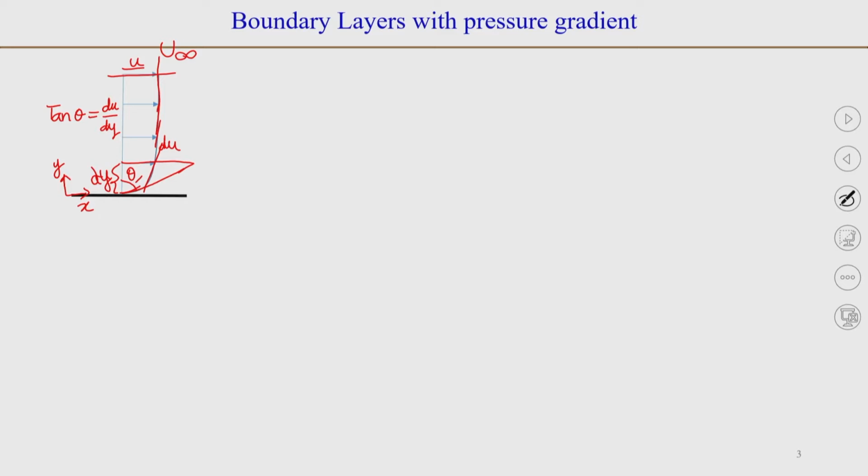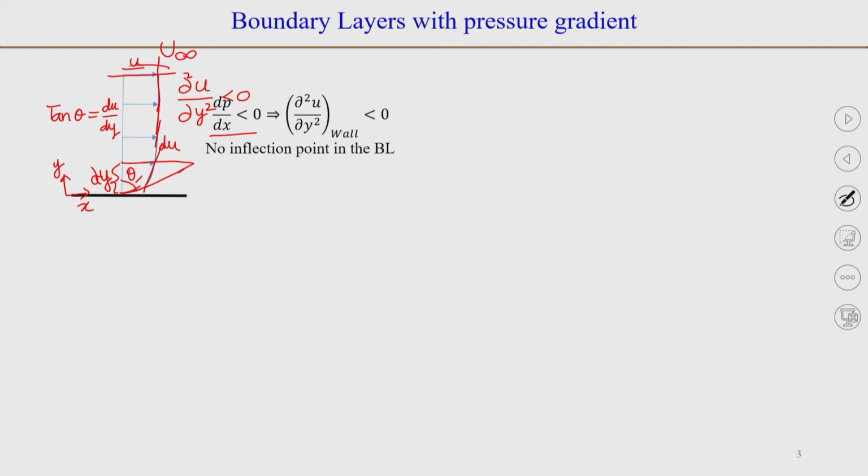That means d²u/dy² is negative here, and this is the kind of velocity profile we observe when dp/dx is less than 0.